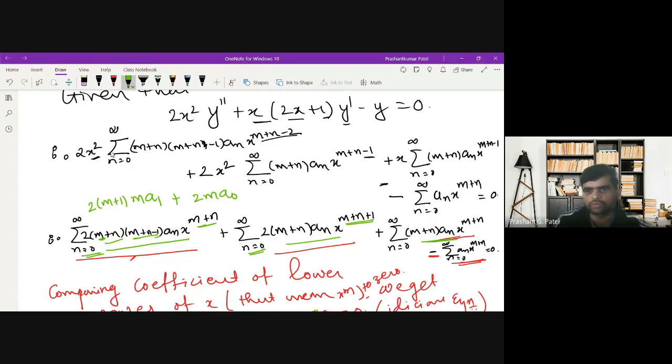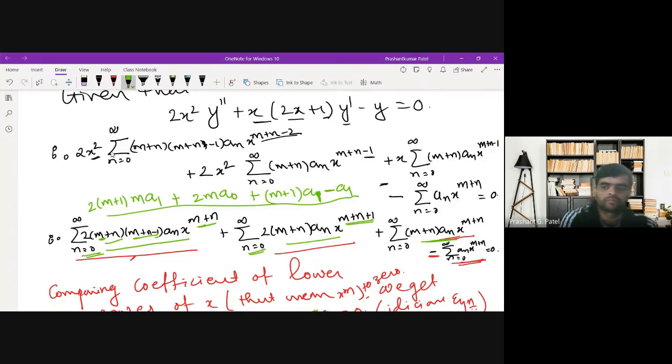Here you have to substitute n equal to 1, so that is m plus 1 into a0 x power m plus 1, that is the coefficient, and the last term will have minus a1. So finally, this is the term which is the coefficient of x power m plus 1.